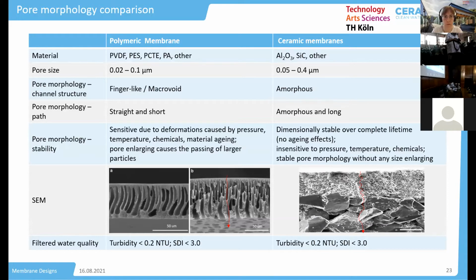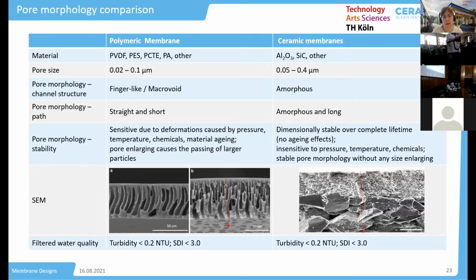You see a lot of different materials, and I want to focus on the core differences. When you see this finger-like material in the SEM picture of the polymerics, you see that we have comparably short pathways, and we have a comparably dense layer on the surface where we have very tiny pores. And polymeric materials are like a sponge.